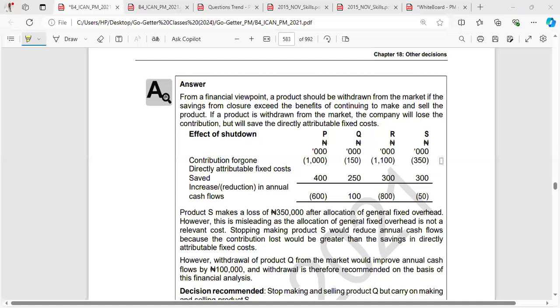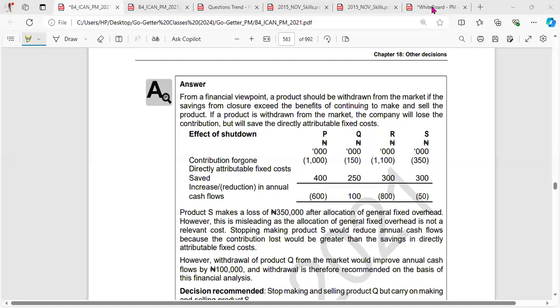You see where you put all your contribution as negative figures, and the directly attributable costs will be saved. Now, if you look at it, what is the net saving or net loss? Anyone that has a negative final answer, that is the net loss or net reduction in cash flow.